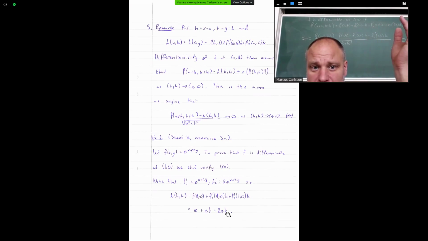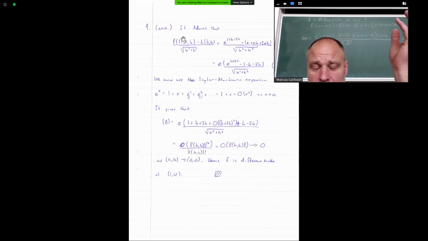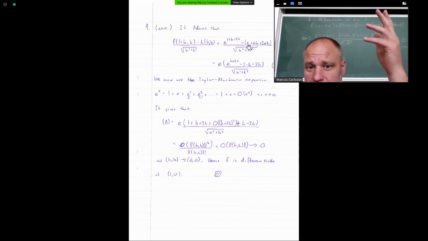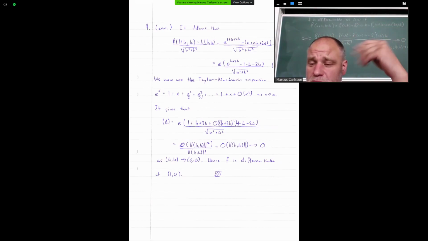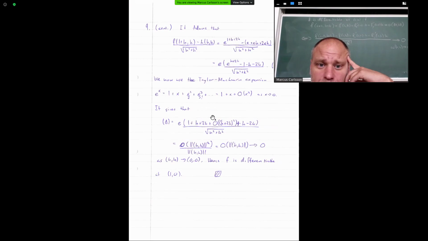He needs to look at the difference between the actual function value, which is e to the power of something, minus this linear thing, divide by the norm, and show that it goes to 0. So that's what needs to be done. Of course, to do it you need some skills in mathematical limit proofs, basically. So I skipped those details.